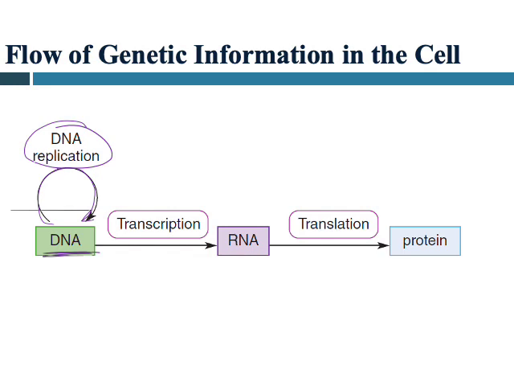But if DNA goes through transcription, that means it is making mRNA. And once you make mRNA, then the second process called translation converts mRNA into a protein. Right? So this is the flow of genetic information. How does DNA send the genetic information to the cell?